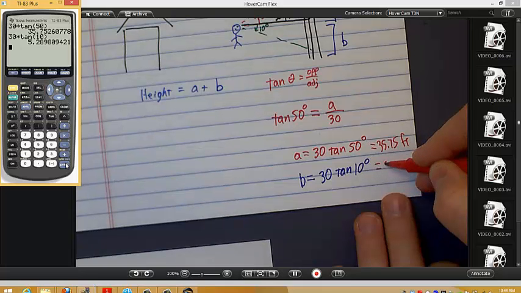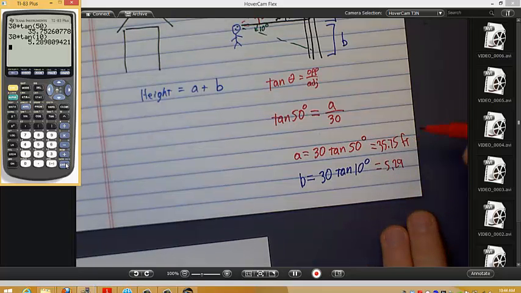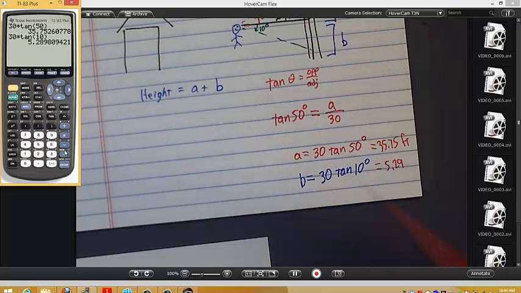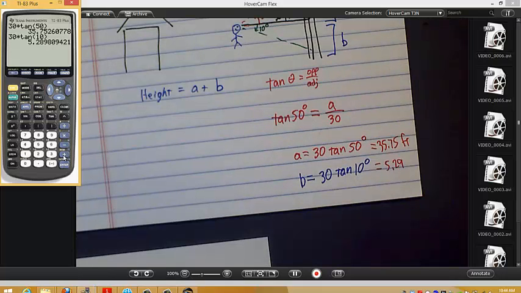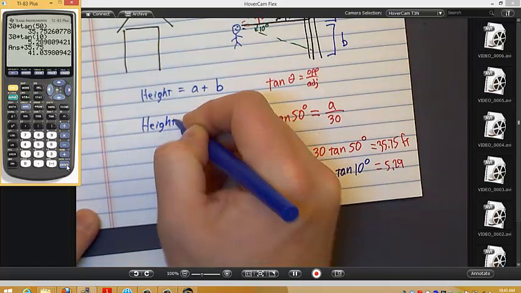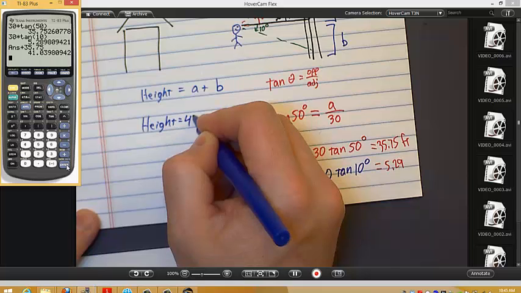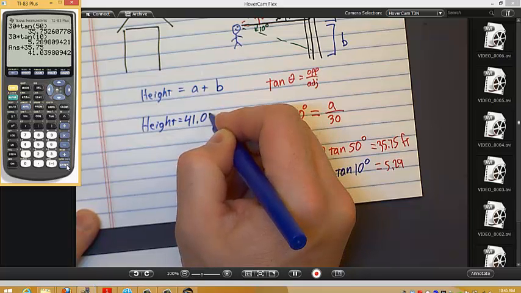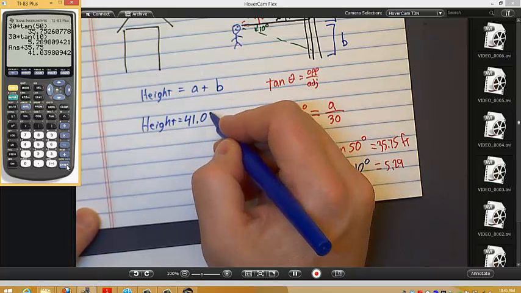So it looks to me like my answer, the height, is about 41 feet, right? So if I add 35.75, I'm at 41.04 feet, let's say.